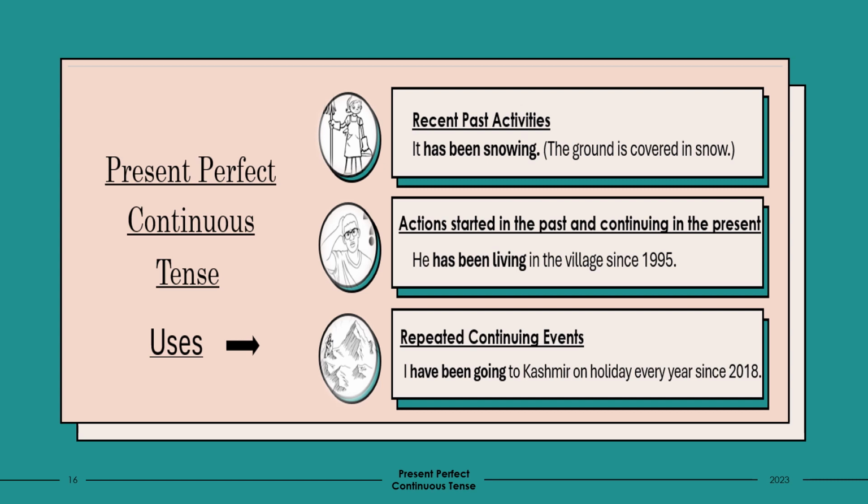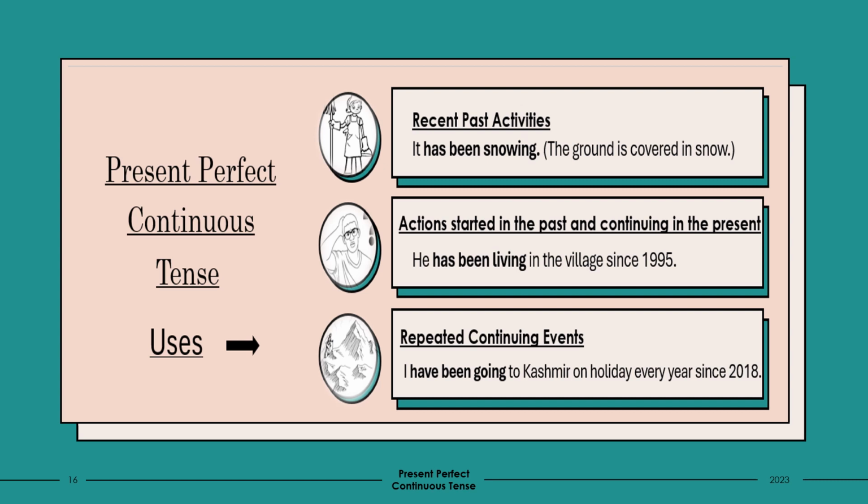Okay. Second, actions that have started in the past and are continuing in the present. I know we discussed it in present perfect also. We can use it in both situations, with present perfect also and present perfect continuous also. However, if you have to choose between the two, present perfect continuous will be more appropriate.